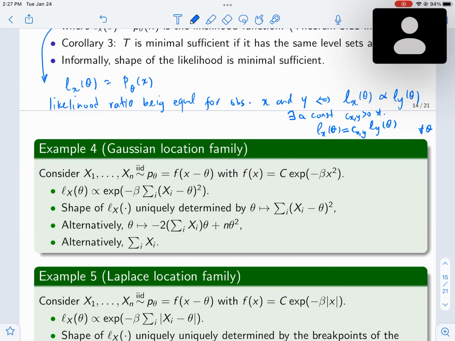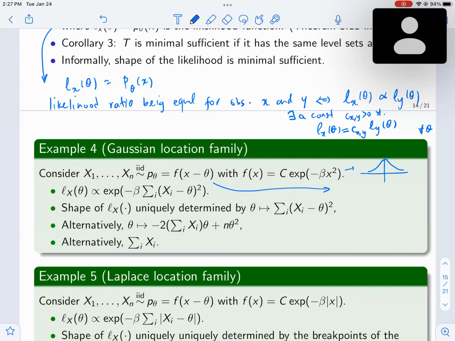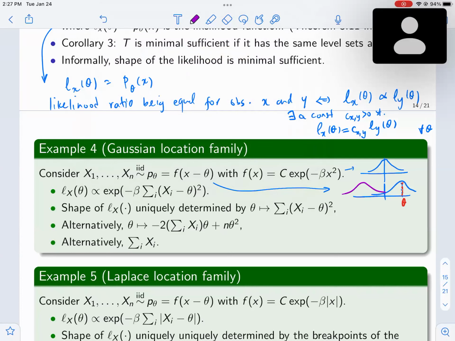The idea was this is like a base shape around 0, and these would be shifted versions of it. So I'm just going to shift this to location theta, the same shape. That's basically my theta. So it could go around, but it remains a Gaussian.